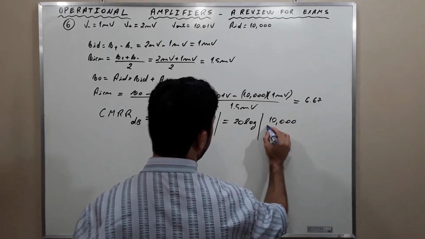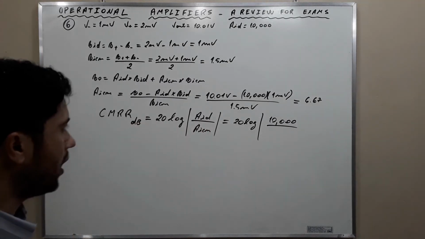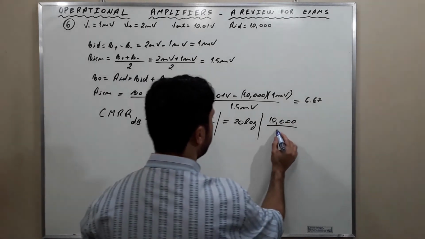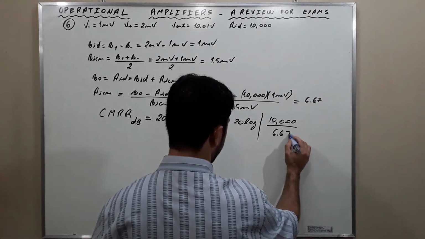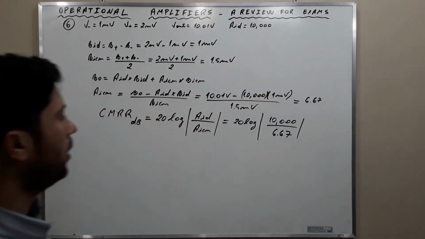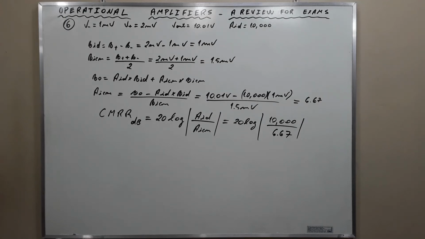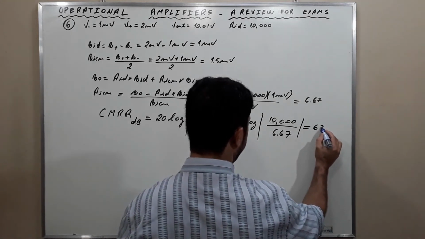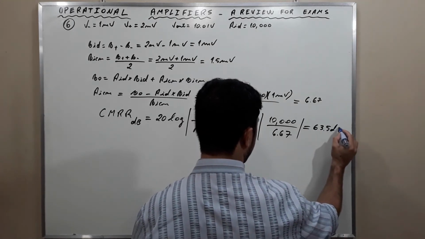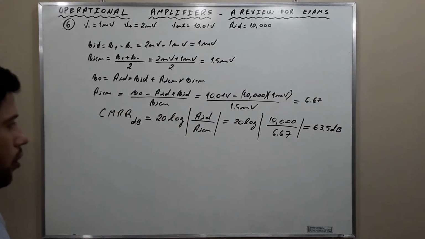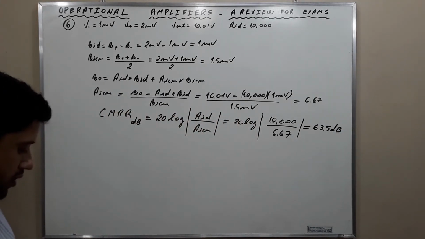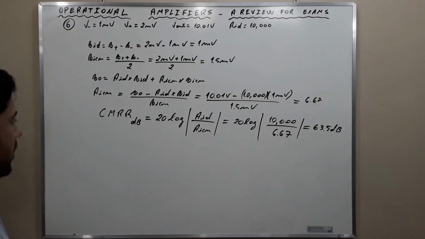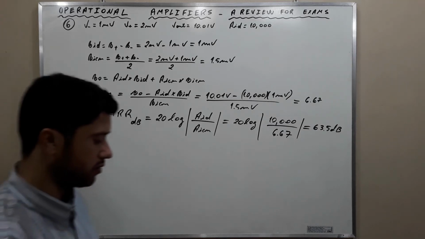And the AICM, we calculated it and we discovered that it is 6.67. And ultimately, we find that the common mode rejection ratio is 63.5 decibels. Okay, my friends? And this is all the exercise wanted us to calculate. And it is all for exercise 6.